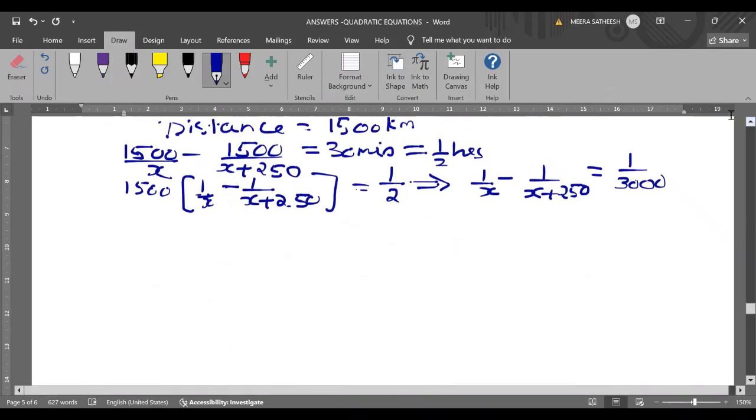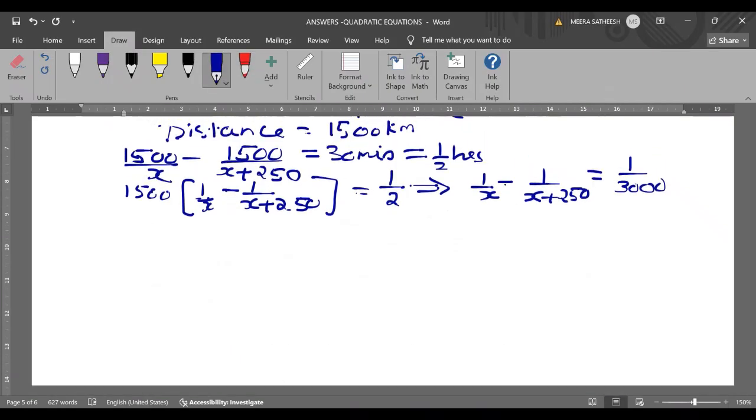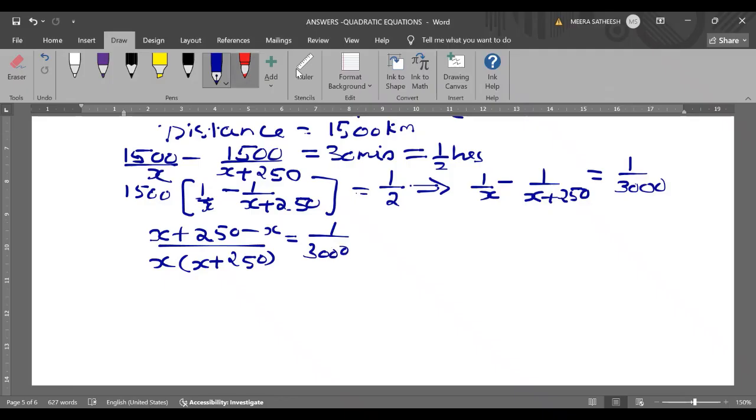Now next, form the quadratic. Cross multiply here. So x plus 250 minus x, divided by x into x plus 250, is equal to 1 by 3000. X minus x cancels.